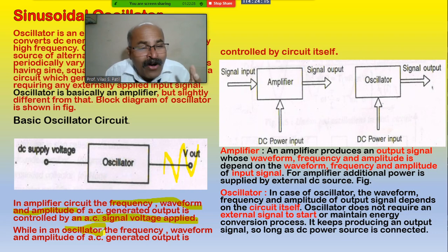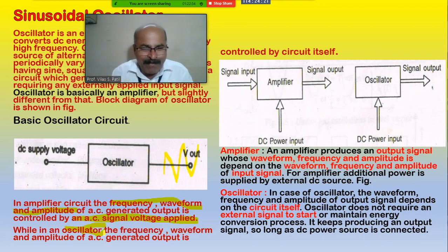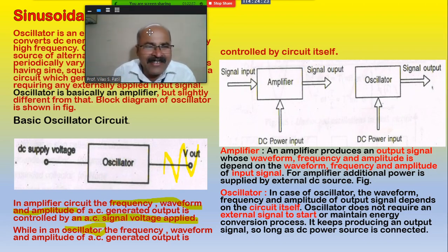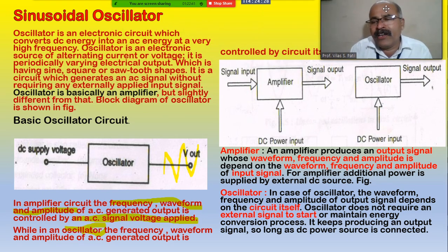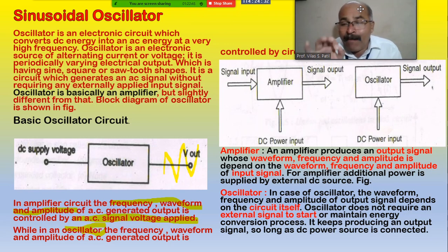That is the waveform, frequency and amplitude of the AC input signal applied वरती डिपेंडंट आहे. And see, this is the distinction between these two, amplifier and oscillator.